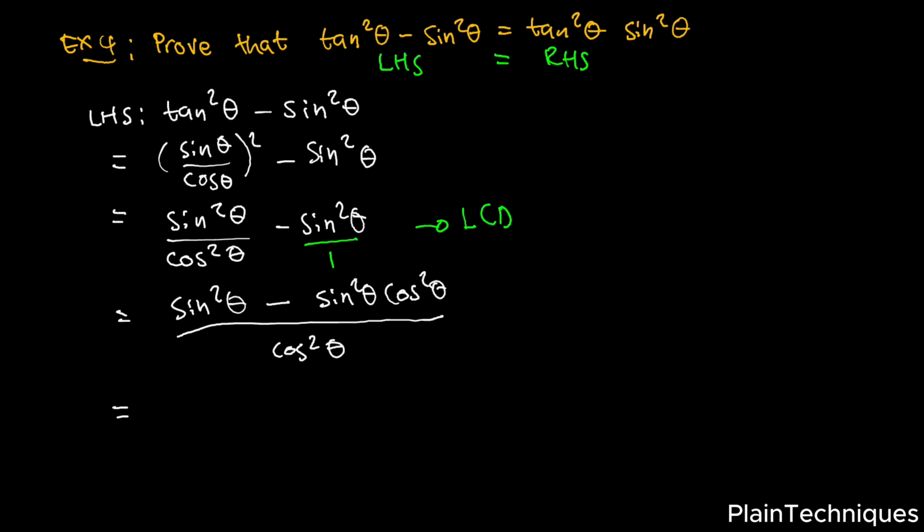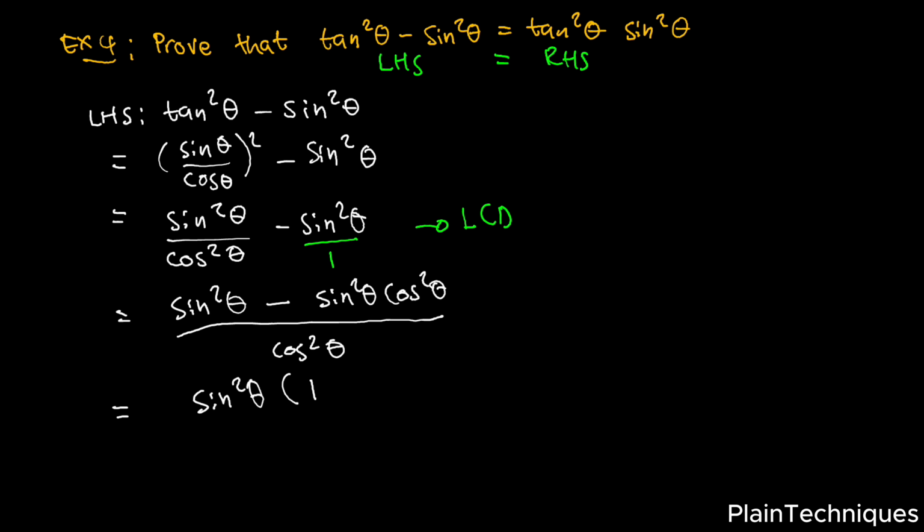Okay, what do we have? What we can do here is to simplify. All right, so we can simplify because we have like terms. Like terms are sine squared theta and sine squared theta on both sides. Now, what I'll do is say sine squared theta, right?